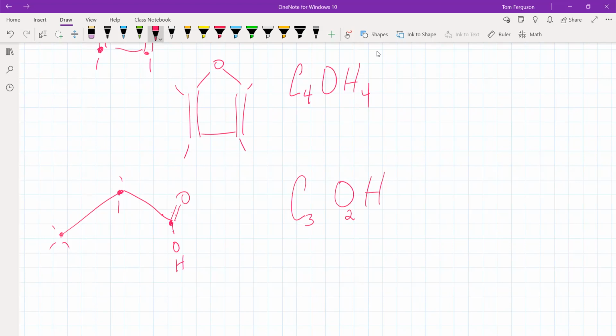So no hydrogens are on that carbon. And then we have a hydrogen out here on the other side of that oxygen. So we have 3, 5, 6. This is a propanoic acid.